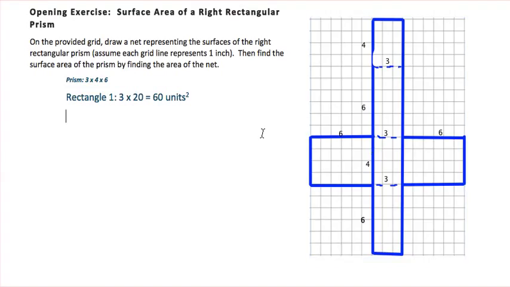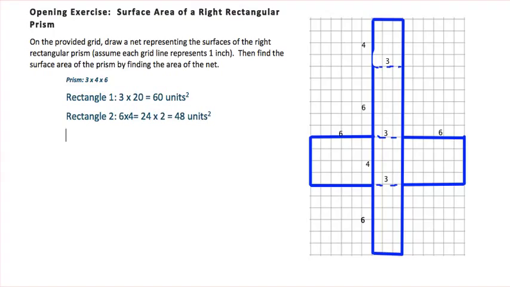So we have rectangle 2, which is 6 by 4, which is 24, and we need to multiply that times 2 because we have 2 of those. So that's a total of 48 square units.